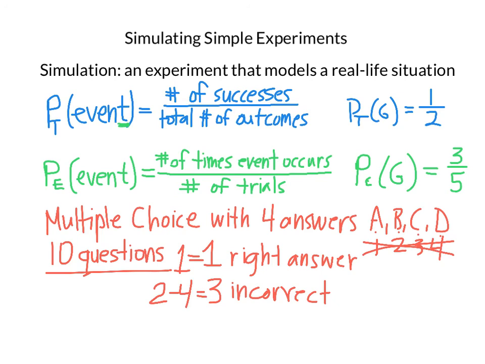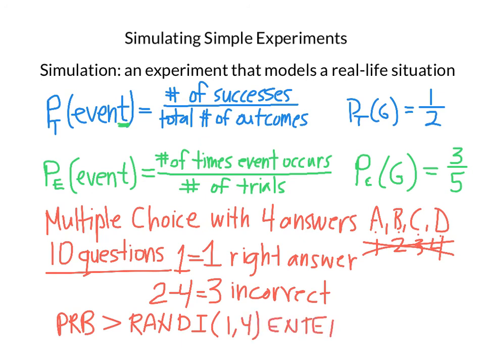So if I go to PRB and I arrow over to randInt, and then we enter in the parentheses 1, 4, as soon as I hit enter or equals, it will give me a random number 1 through 4. If it's a 1, that means I guessed number 1 correctly. If it gives me a 2 or 3 or a 4, that means I guessed incorrectly.